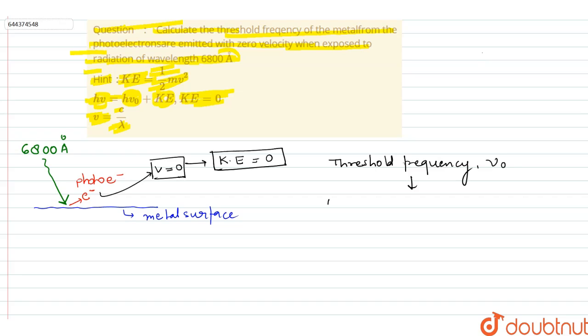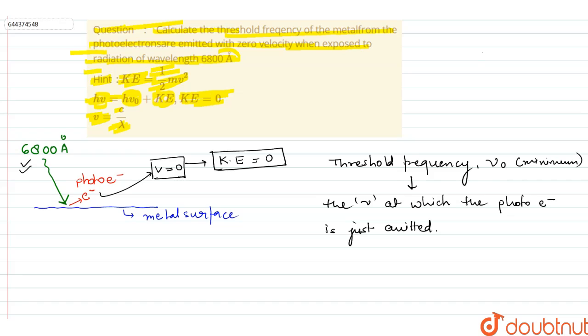It is the frequency nu at which the photoelectron is just emitted, that is it is the minimum frequency required to emit a photoelectron from a metal surface by giving a radiation to it. So this is the minimum value of frequency required.